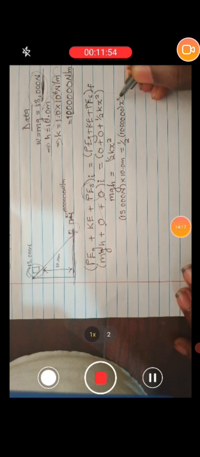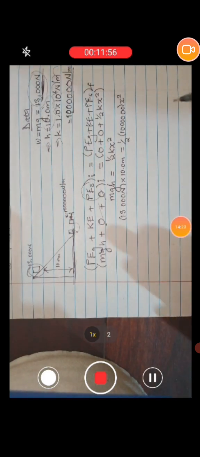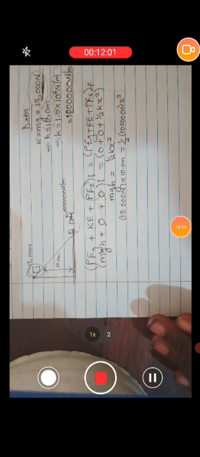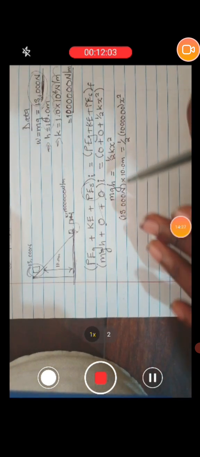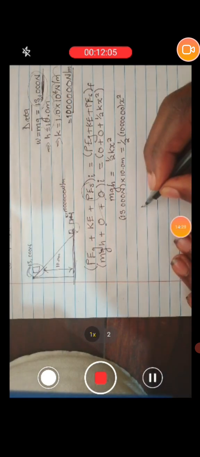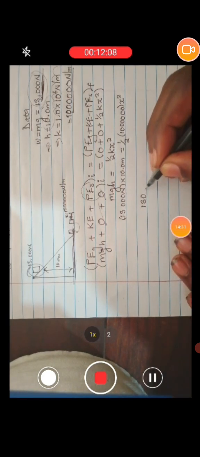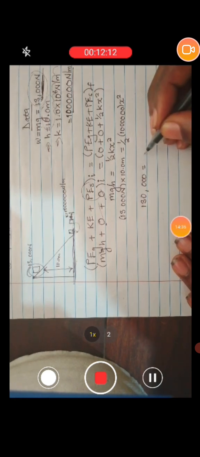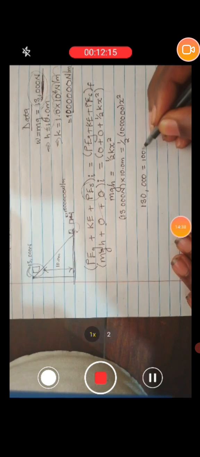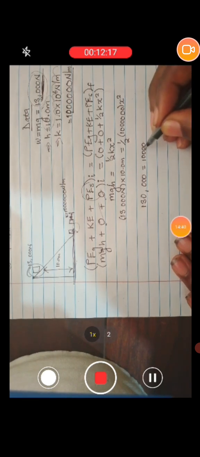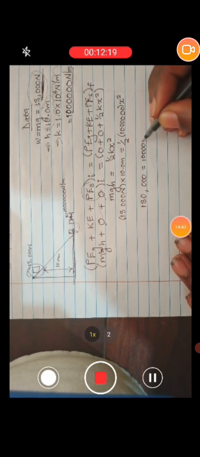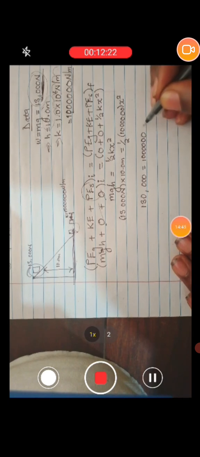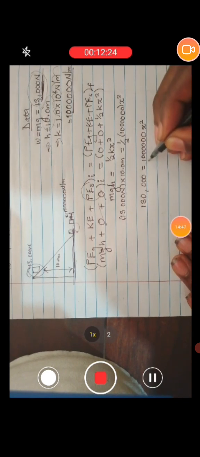Then we are looking for the maximum distance the spring was compressed. If we multiply 13,000 times 10, we get 130,000, which should be equal to 1 million times x squared, divided by 2.